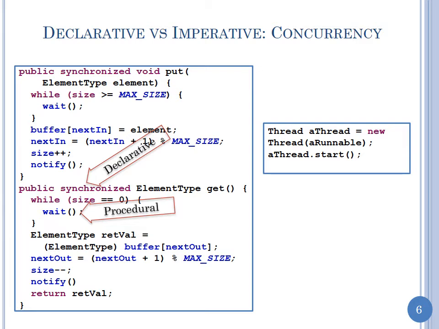But the wait call is a statement, and whenever there are statements, there's an order, at least in imperative and procedural languages. So notify and wait are procedural. Creating a thread is procedural. Everything was procedural in Java except for this synchronized method, the critical section, which is also a form of synchronization.